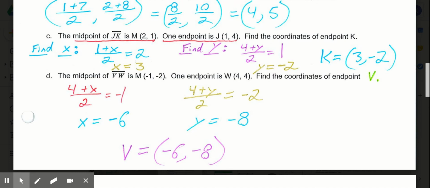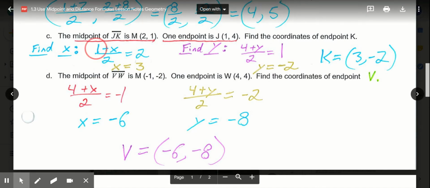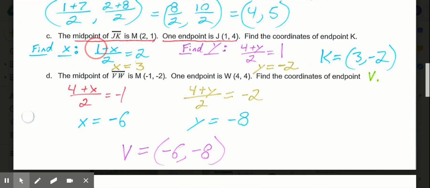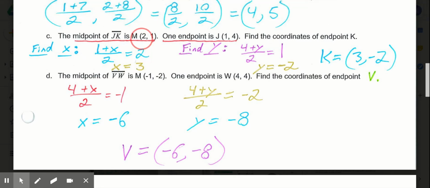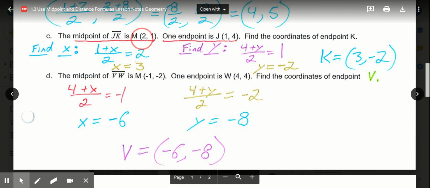So what we know is we know one of our x values and we know the final midpoint value. So we're going to take that midpoint value from here, 2, and we'll take the x value from here of 1.